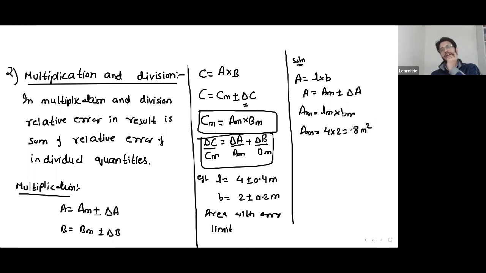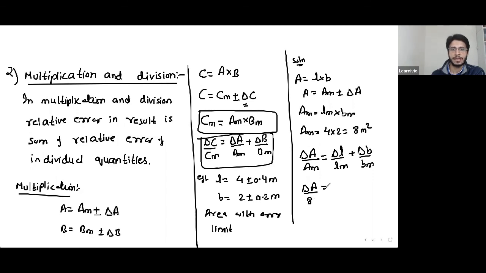Next, you can calculate error in area. The error in area is this: delta A over mean value of A is delta L by mean value of L plus delta B by mean value of B. So delta A by mean value of A, which is 8, is delta L, which is 0.4, by mean value of L, which is 4, plus delta B, which is 0.2, divided by mean value of B, which is 2.